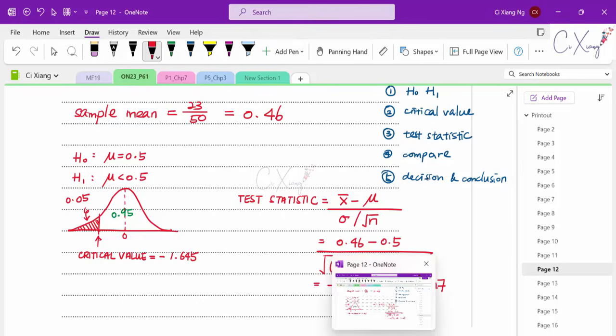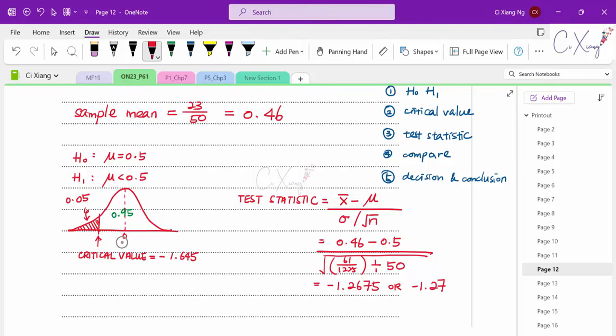Okay, now you want to compare the test statistic and the critical value so that it can help me make a decision. Our test statistic is negative 1.27. We come back to this diagram. Where is negative 1.27? It is to the right of negative 1.645, because negative 1.27 is closer to 0 compared with negative 1.645.